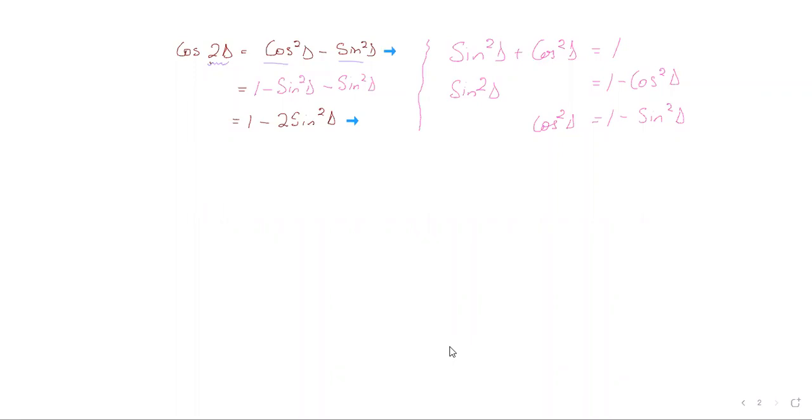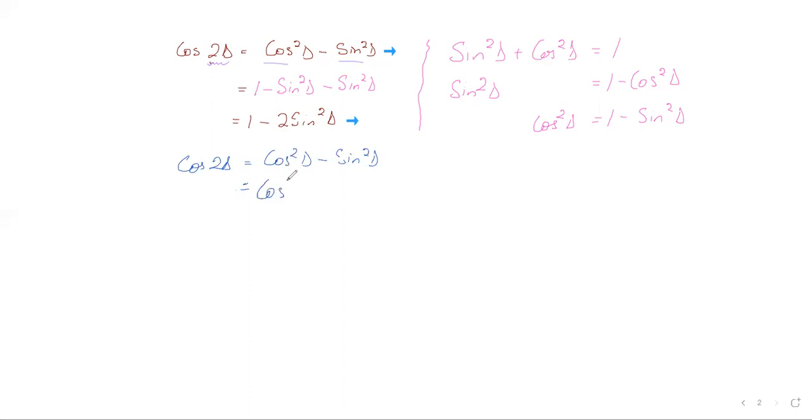Now, let's rewrite the same expression differently in terms of another trig ratio. We have cos 2D, which is equal to cos squared D minus sine squared D. Now, we are going to change the sine squared in terms of the cos and writing.